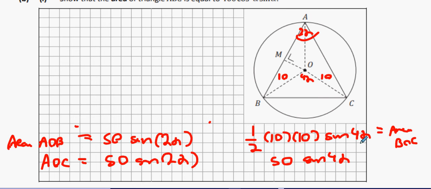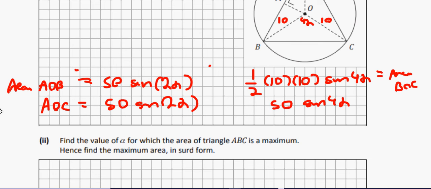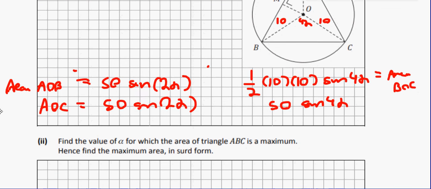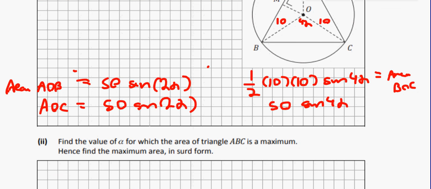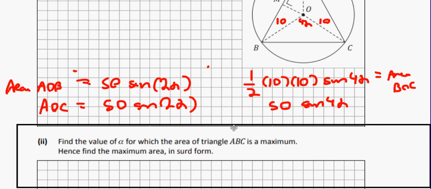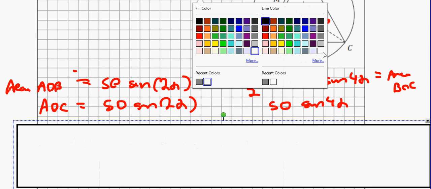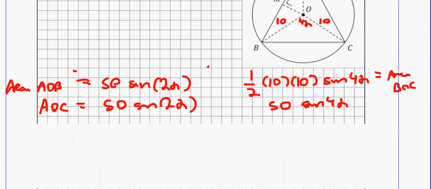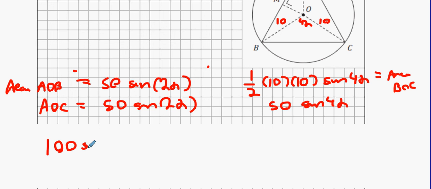Now, when we add the three triangles together, I'm just going to blank out the bottom question. Just simply haven't got enough space to work with here. Okay, we add the two of them together and we get 100 sine 2 alpha. Now see the sine 4 alpha business.